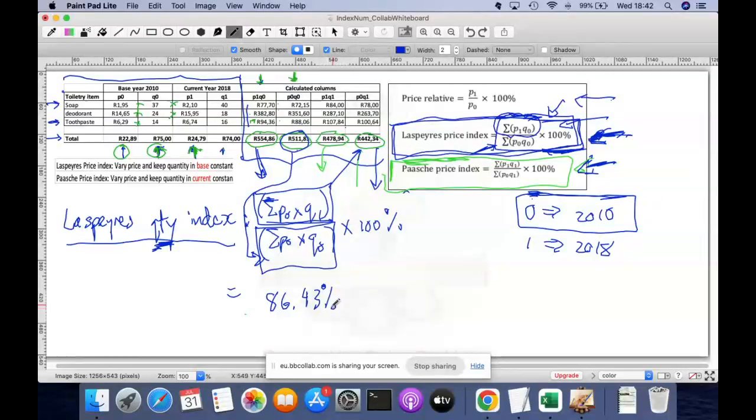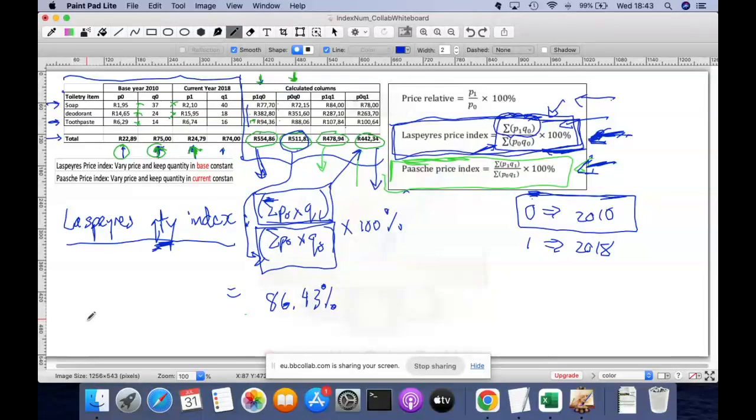86.43%. Now, this is why I recommend doing that subtraction to see the change, because for me, I can't tell exactly what it's changed by. My brain doesn't work that way. You can see it's somewhere around 13 point something percent, but you need to be exact. You can't just say around 30%.